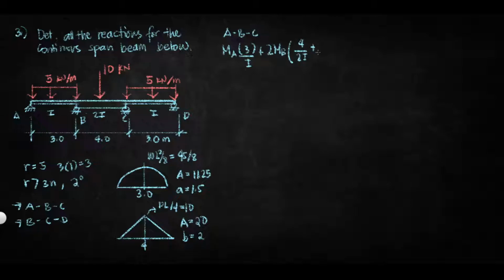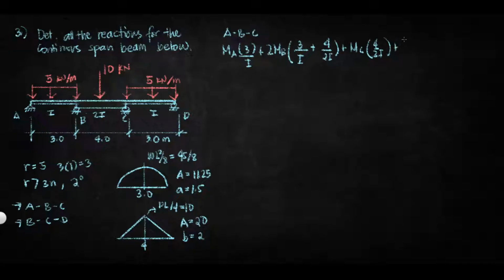So plus, next is... nalilito tayo ng arrangement dito. Ito muna yung first or left span, 3 over I. Then susunod natin yung 4 over 2I. We have plus MC times 4 over 2I.